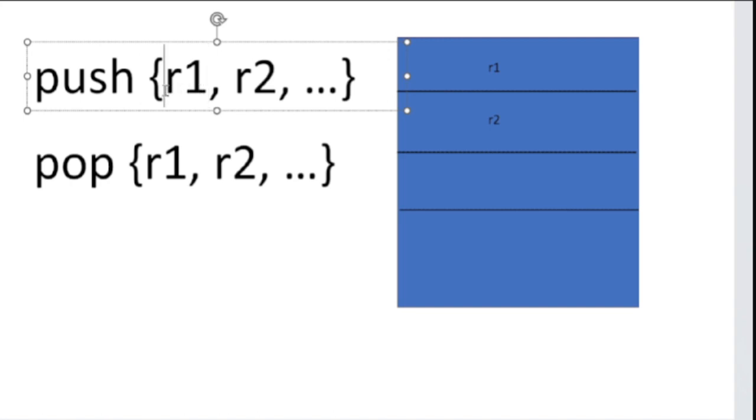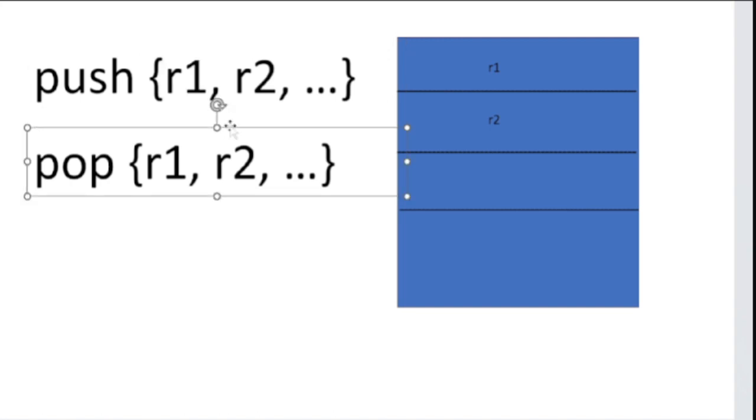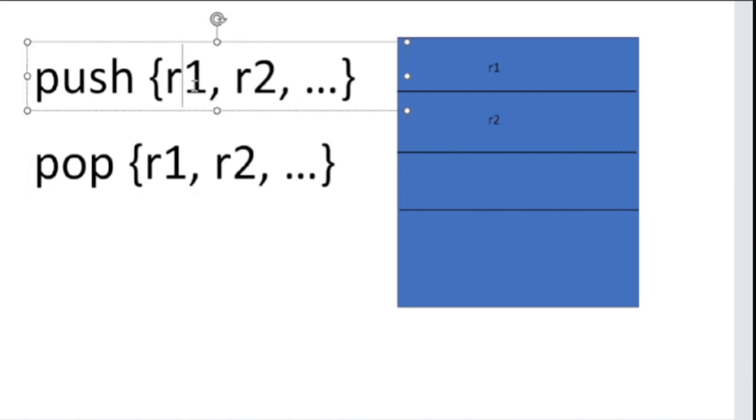So in our case, register 1 has the value 5. Register 2 might have something else. I think with our modulo case, the answer was 4, so it's going to have 4. We're not pushing the registers themselves into the stack. We're pushing the values that are within each register into the stack.